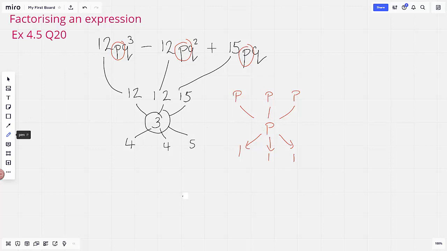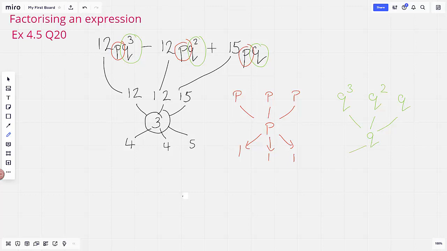And last but not least, let's take the q's. We've got q cubed, q squared, and q. Write those up. Q cubed, q squared, and q. And what is the common factor there? Well, I think you'll see very quickly q is the common factor.